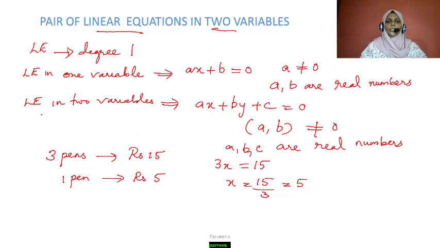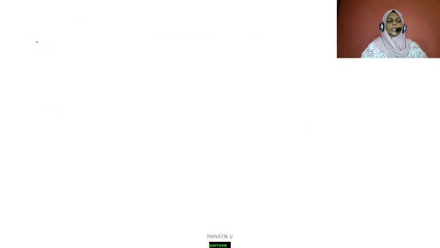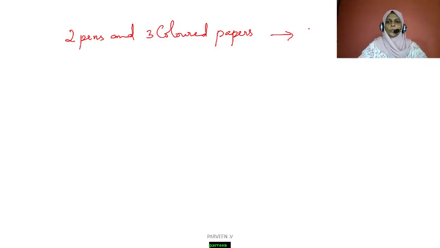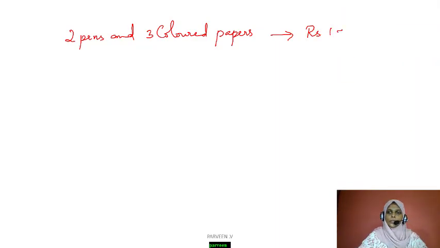Now let us consider a situation with linear equations in two variables. This time let's buy 2 pens and 3 color papers, and say you have to pay rupees 130.